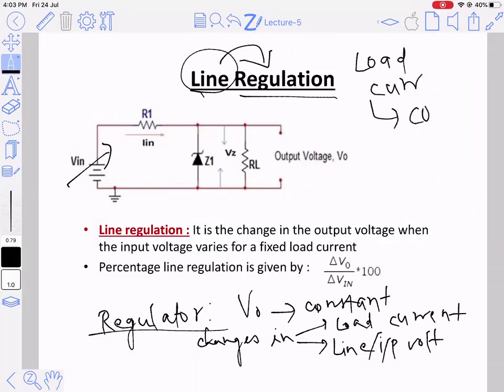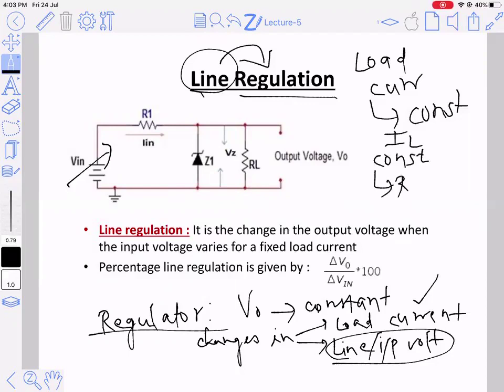My Vin is varying over here. When I say load current is constant, that means IL is constant. When IL is constant, that means RL is constant. So there's a single value of RL, which will give you a single IL.